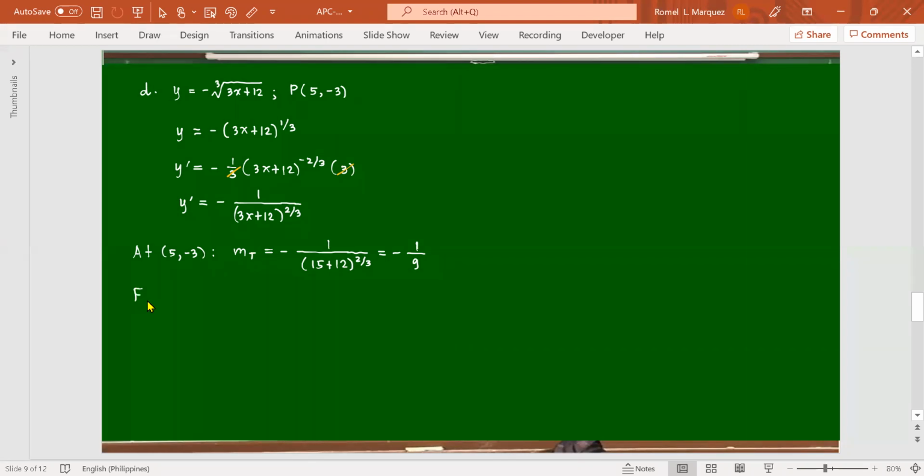So, for tangent, what's the equation? Y minus y1, so it is now y plus 3 equals -1 over 9 times x minus 5. Multiply by 9 each side.